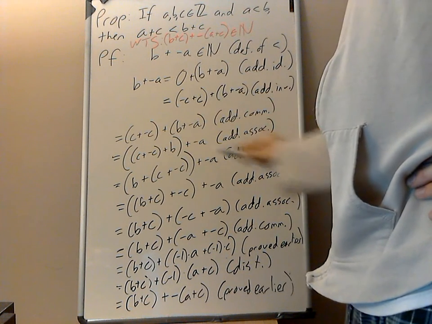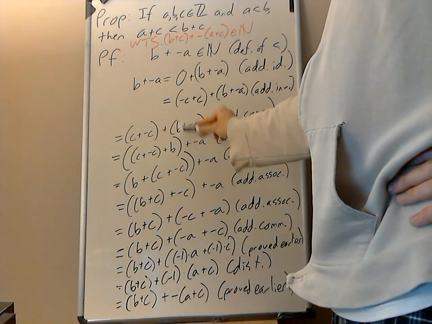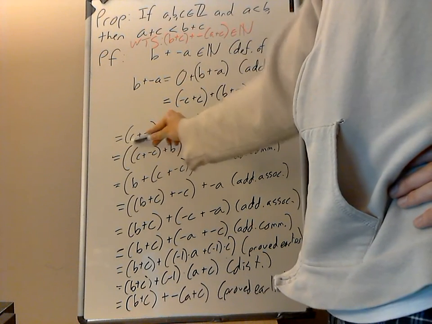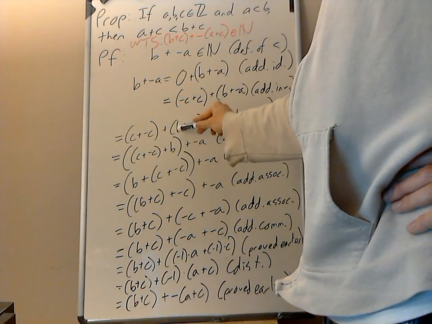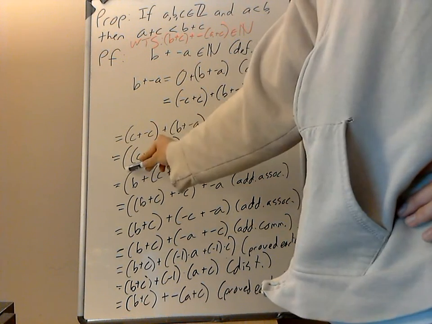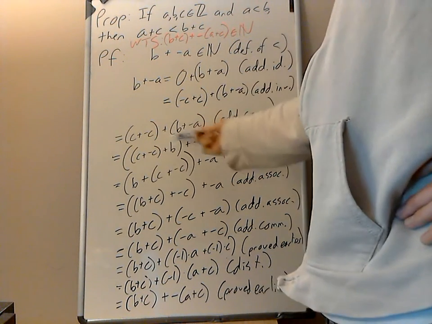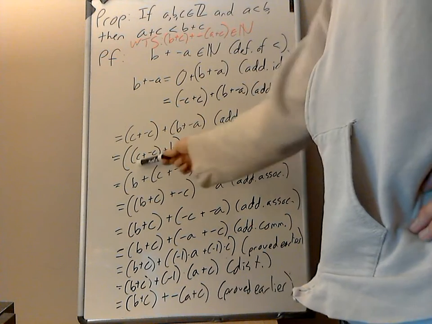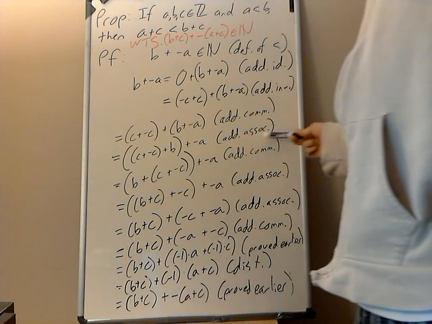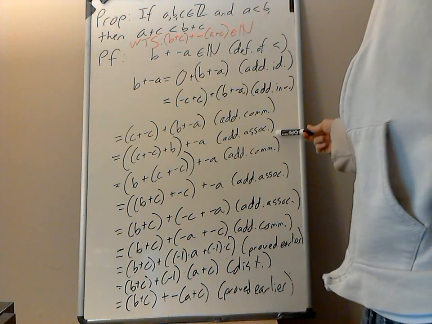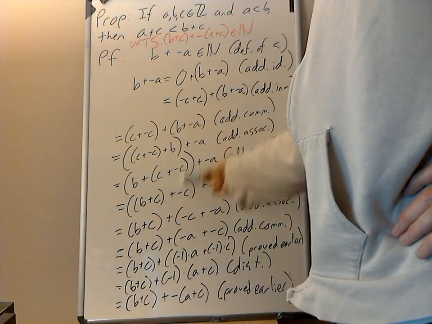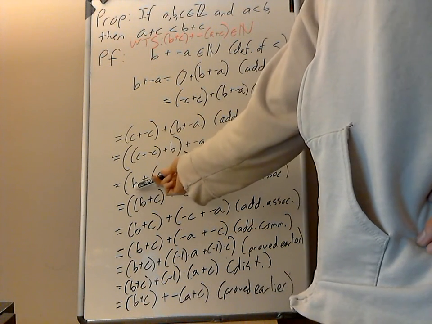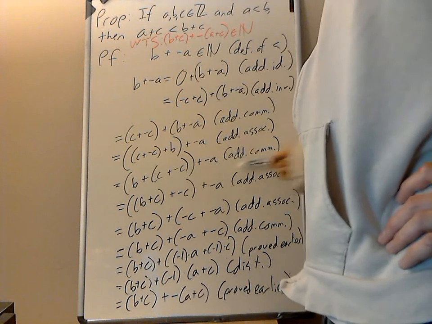So next, we will get the b grouped together with the c plus negative c, because our goal ultimately is to move the b all the way over to the left. So we group the parentheses like so by the property of additive associativity. Next, we move the b all the way over to the left, and we can do this by additive commutativity.